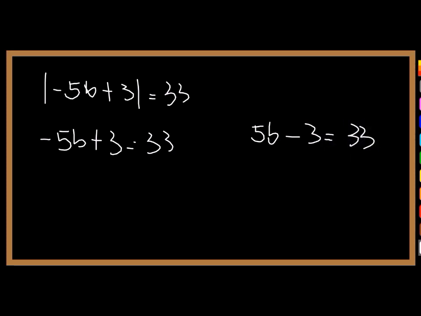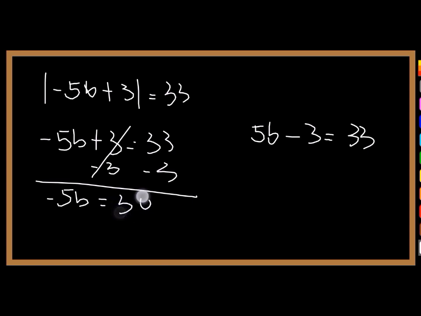Using the additive inverse, we subtract 3 so that it crosses out, and the remaining is negative 5b. 33 minus 3 is equal to 30. So let's divide both sides by negative 5. So our b is equal to negative 6.